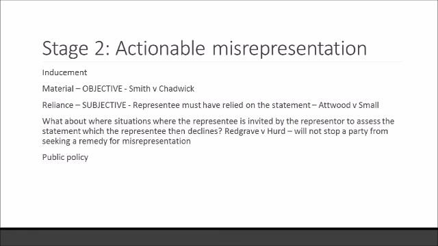But what about situations where the representor gives the representee the opportunity to assess the statement, and the representee then declines this opportunity? Let's say party A is the representor, he's made a representation to party B, and party B is the representee. Party A then says to the representee, here, take a look at these documents if you want further assurance that this statement I have made is true.